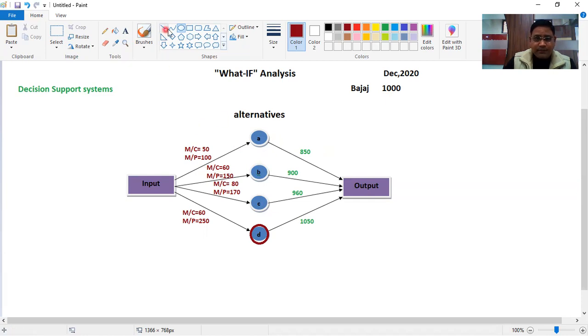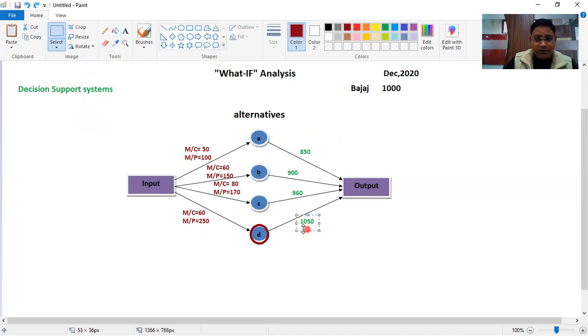So if I say, what will be the output if this will be the input? Again, alternative C, what will be the output if this will be the input?